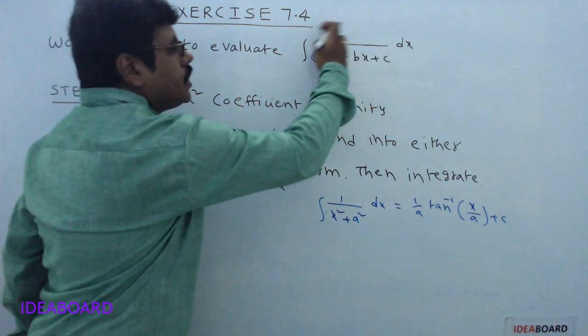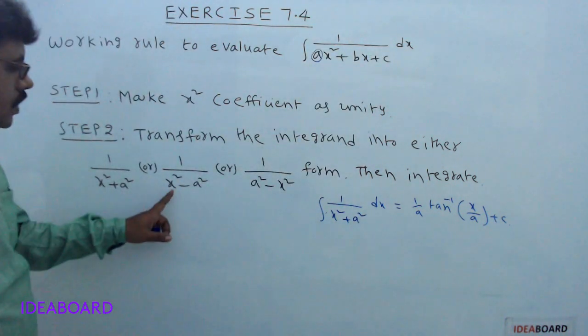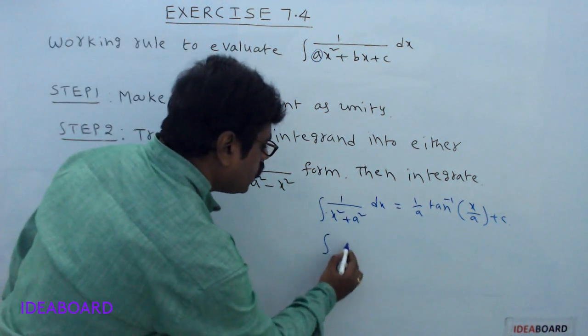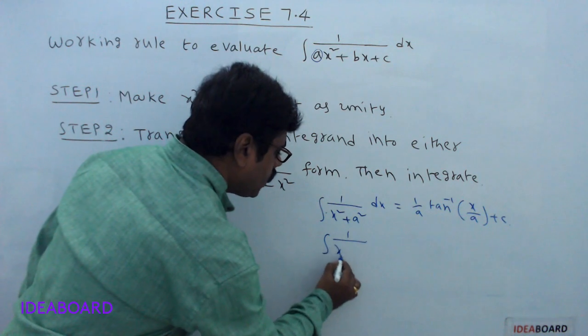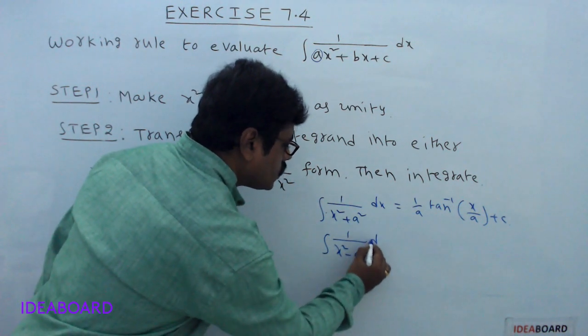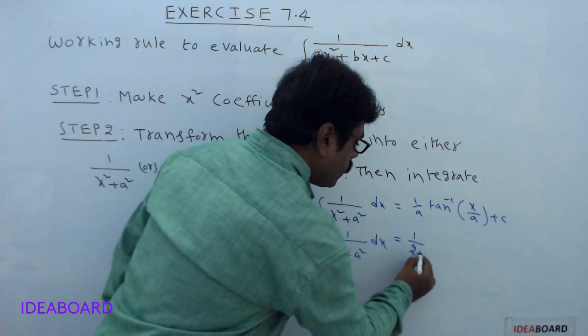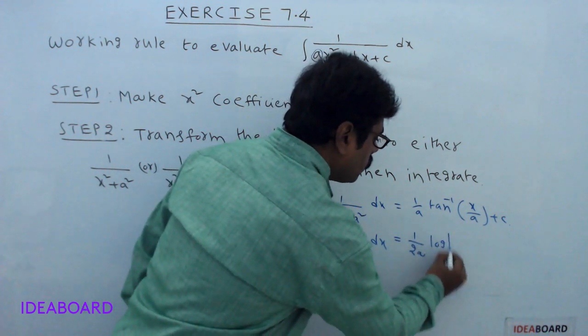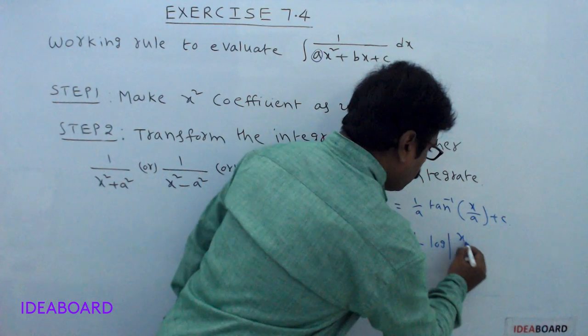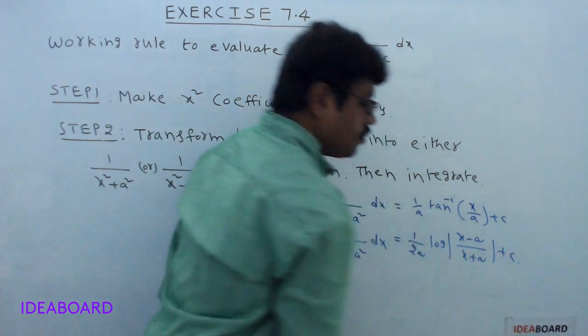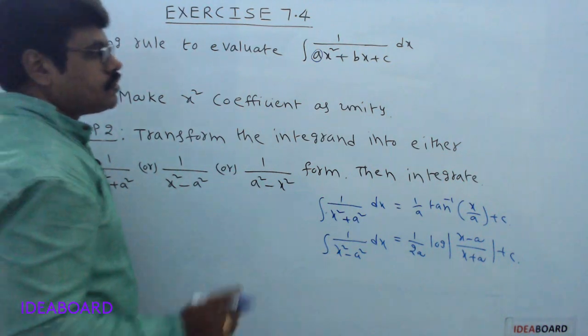Suppose this integrand is reduced to the second form. In such a case, you can apply the formula of integral 1 divided by x square minus a square dx, which is 1 divided by 2a into log mod x minus a divided by x plus a plus some constant c.